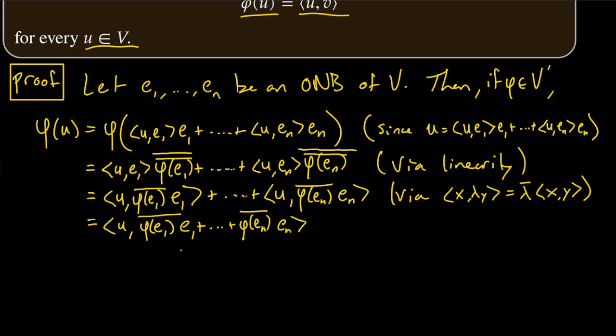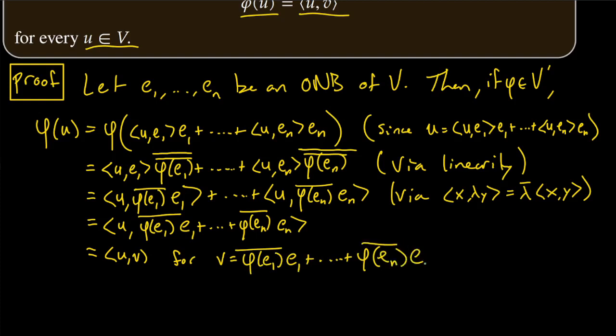And then I'm just using that as the coefficient next to the corresponding basis element. And bada boom, this is equal to the inner product of u with v for v equal to phi of e1 conjugate e1 plus dot dot dot all the way down to the conjugate of phi applied to en, scaling en.